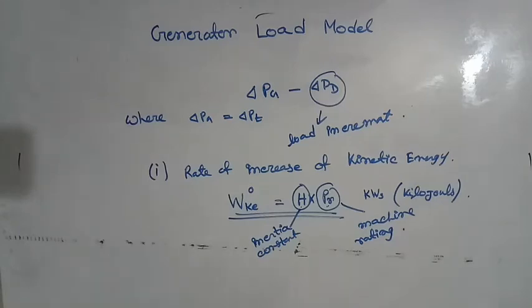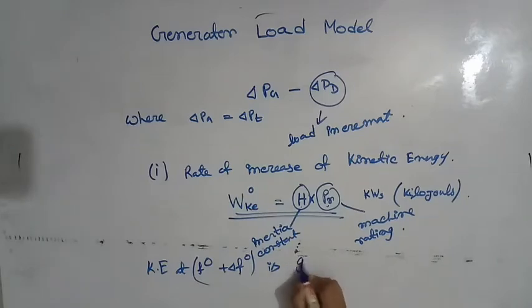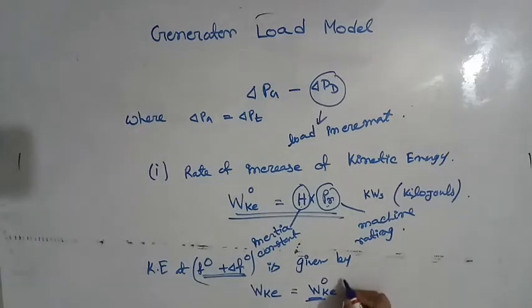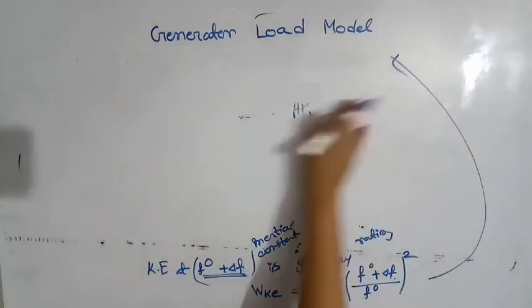The kinetic energy at frequency F0 plus delta F is given by WKE, the new kinetic energy, equal to WKE0, the initial stored kinetic energy, into F0 plus delta F, the new frequency, by F0 whole square, because the kinetic energy is proportional to the square of the frequency.